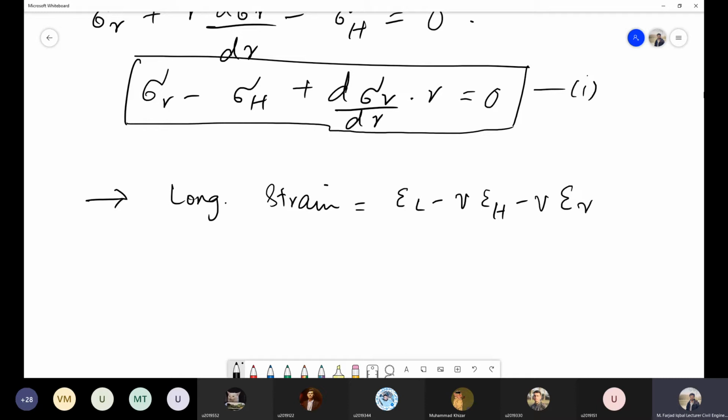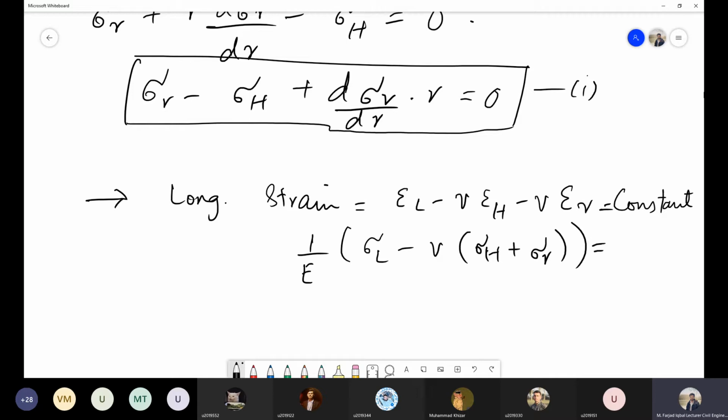Since it has been mentioned that the longitudinal strain is constant, we will take it as a constant. If I represent it in terms of stresses, it will be in terms of the modulus of elasticity, and I will get this equation for the longitudinal strain, which is a constant.